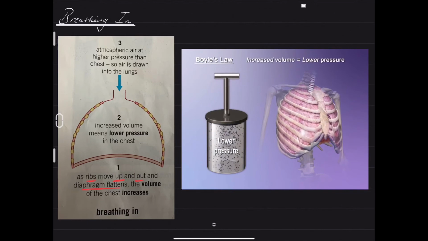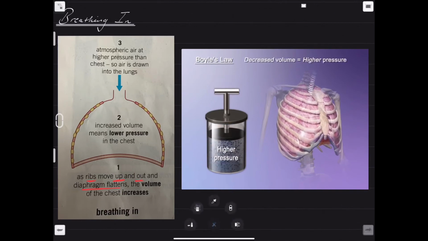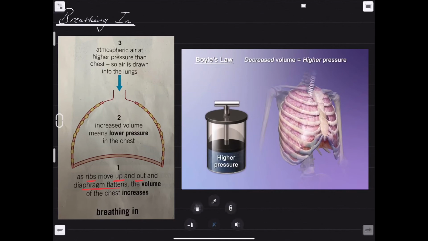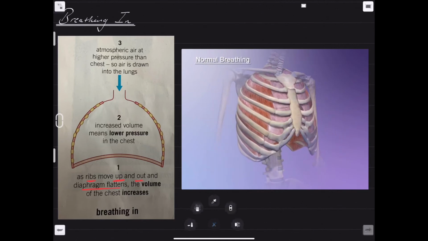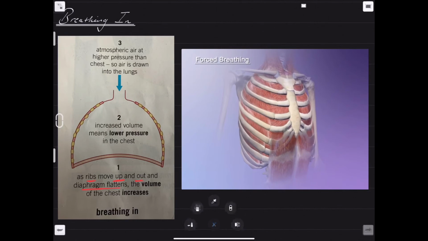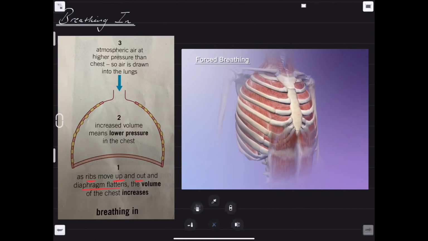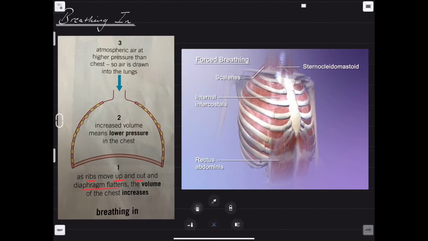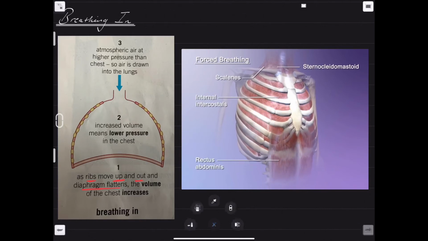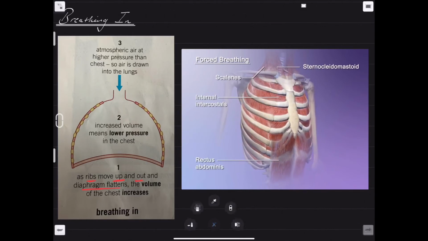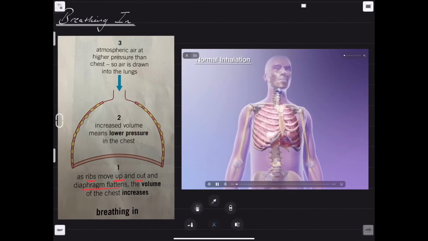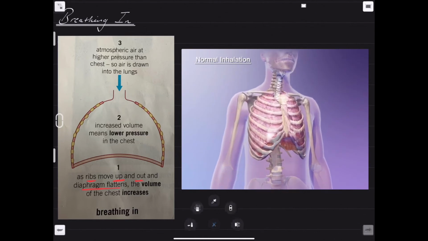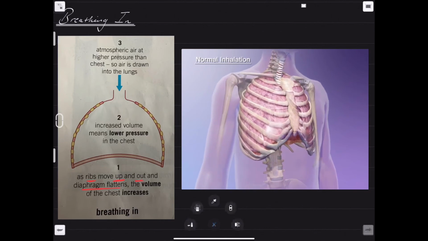So can you make sure that you are underlining these key words when you're writing your notes? Because some questions do ask you to outline the steps involved for breathing, for moving air into the lungs or moving air out of the lungs, which we're going to look at next. So can you make sure that you are clearly underlining the important words here?